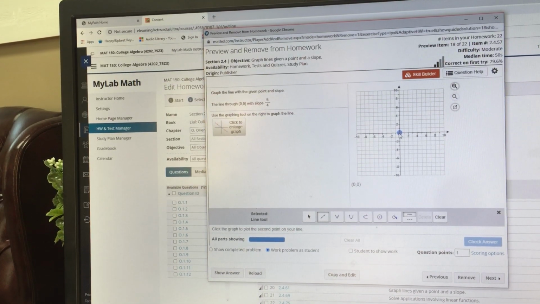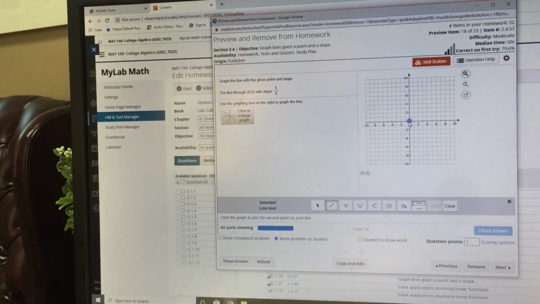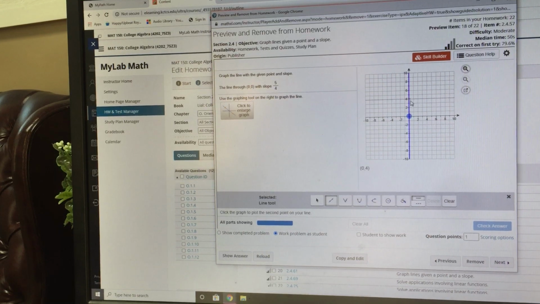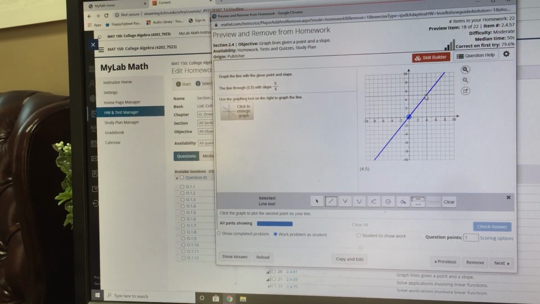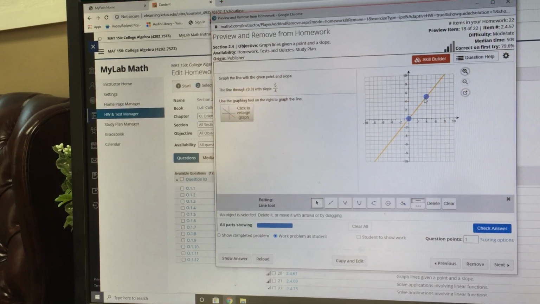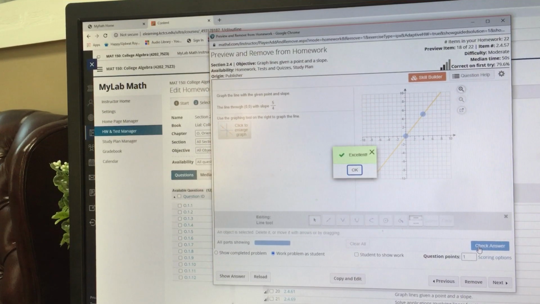And it has a slope of 5/4, which means it rises 5 and it runs 4. So we're going to go up 5, and we're going to go over 1, 2, 3, 4 right there. So that's what we should have. Okay, excellent.